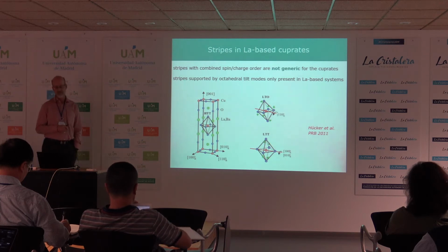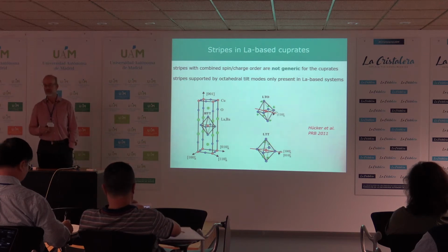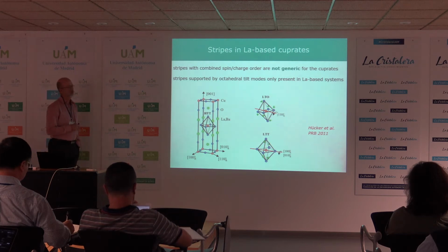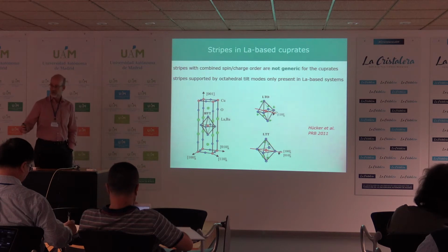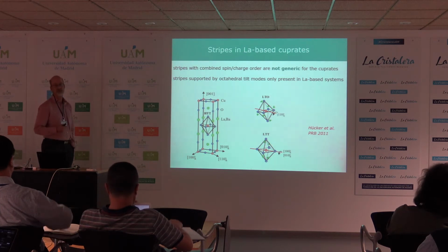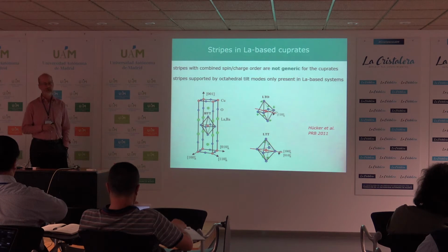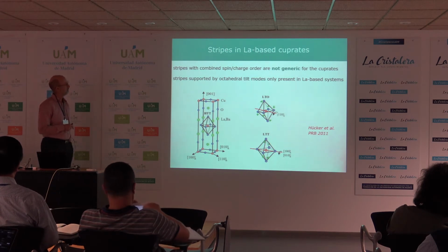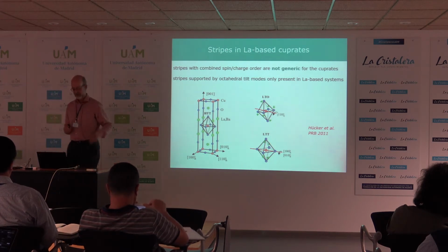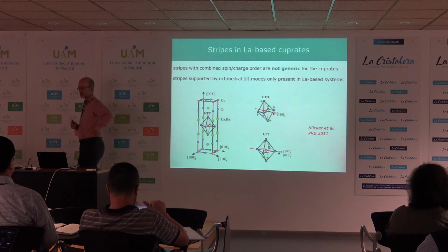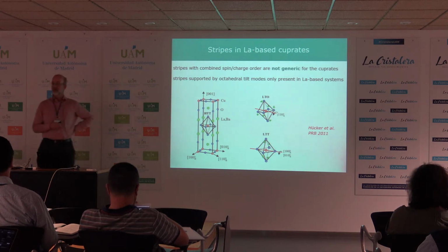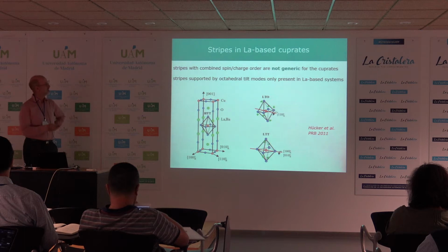Okay, so in other cuprates like Bi2212, that was mentioned already, also in YBCO that was mentioned, if you look at moderate doping, you don't see this incommensurate magnetic order. Right?